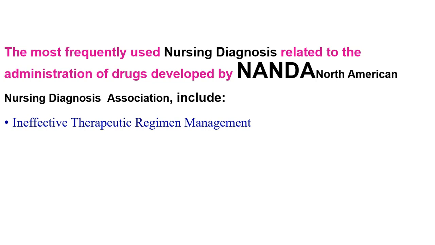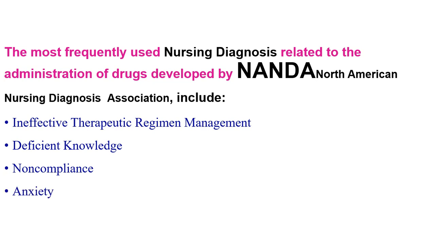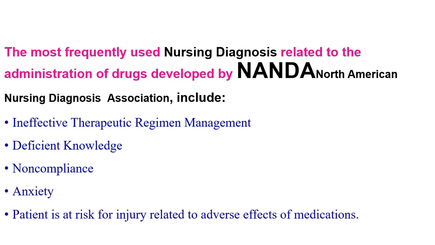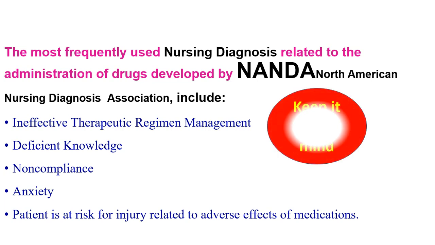NANDA includes effective therapeutic regimen management and deficient knowledge, as well as non-compliance and anxiety, and finally patient is at risk for injury related to adverse effects of medication. Keep this in your mind.